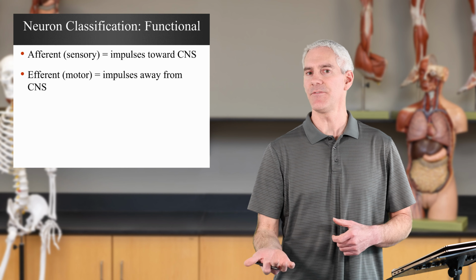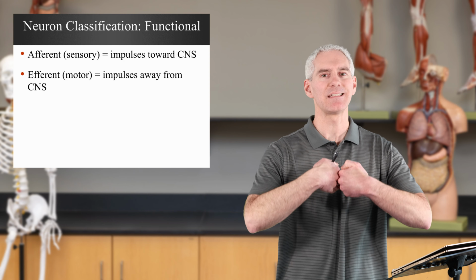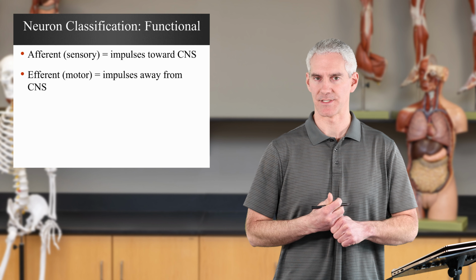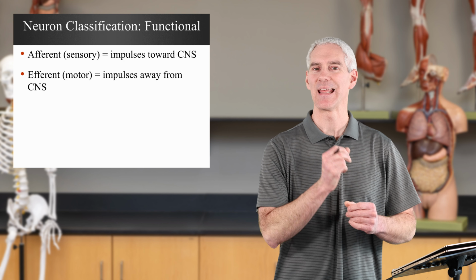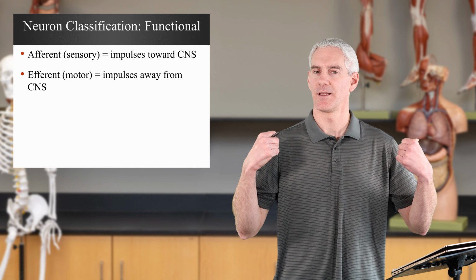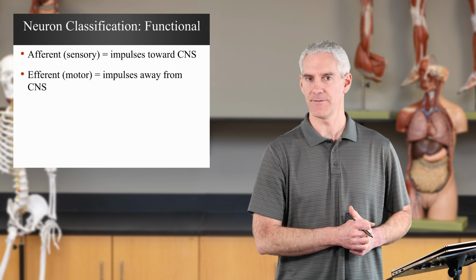You then have an efferent or motor. Again, we mentioned that. As long as information is leaving the central nervous system, doesn't matter what the structural classification is, if it's leaving, its functional classification is motor or efferent.